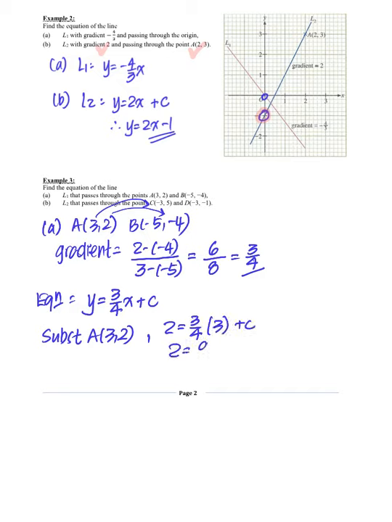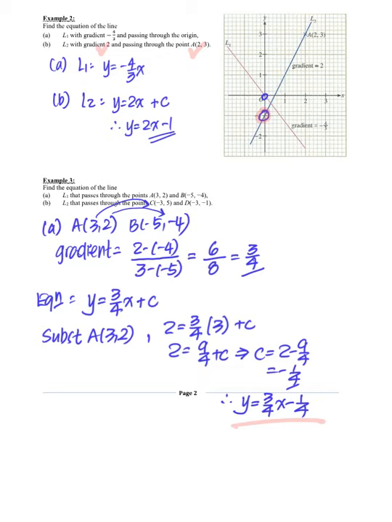So 2 equals 9 over 4 plus c. So c equals 2 minus 9 over 4, which is -1/4. So the equation of the line would be y equals 3/4 x minus 1/4. So that's the answer.